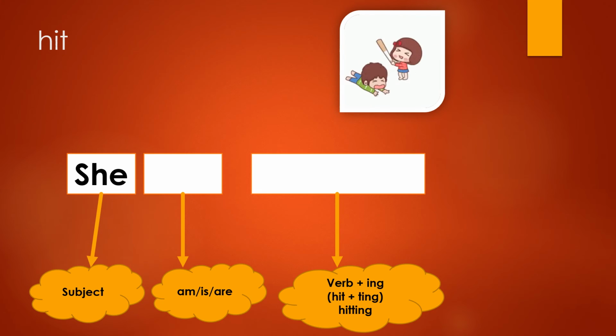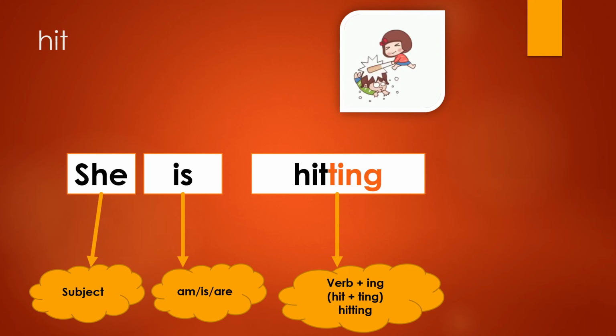The subject is she, so we have to use is. She is hitting. Why do I include a double t here? Because this is an irregular verb that we should follow.